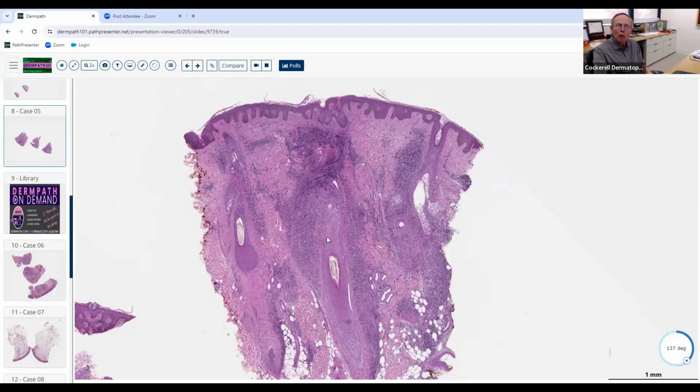So this is possibly more like that pattern rather than chronic discoid LE. Now this may be a little bit more chronic than that, but the fact that we don't have any epidermal involvement tells me that this inflammation is targeting the follicles more than the epidermis. So it's a slightly different pattern than most cases of DLE that you've noticed.